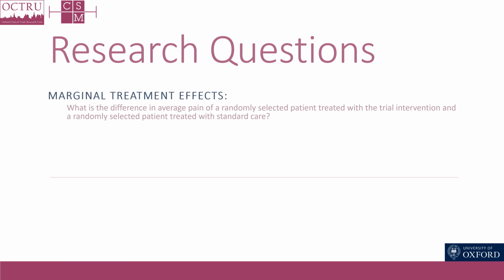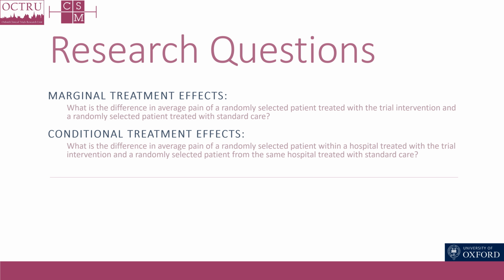However, there is variability in patient outcomes or the way the treatment is delivered across different settings, across different hospitals. And for these reasons, we might be interested in a more nuanced question. This is what we call a conditional treatment effect.